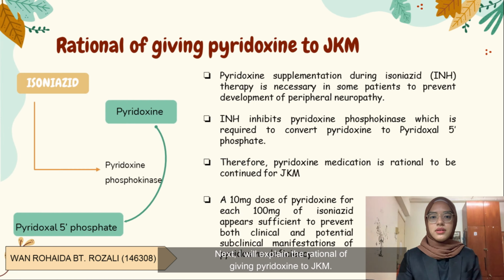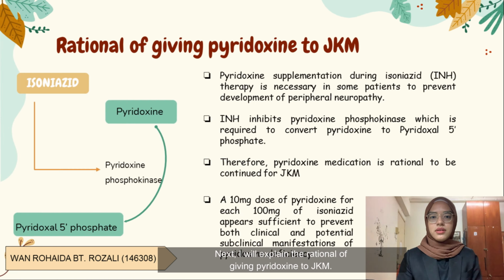We know that one of the drugs that JKM takes is isoniazid, and the most important side effect of isoniazid is peripheral neuropathy. Vitamin B6 or pyridoxine supplementation during isoniazid therapy is necessary in some patients to prevent the development of peripheral neuropathy.